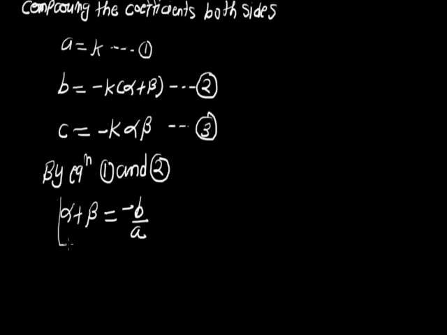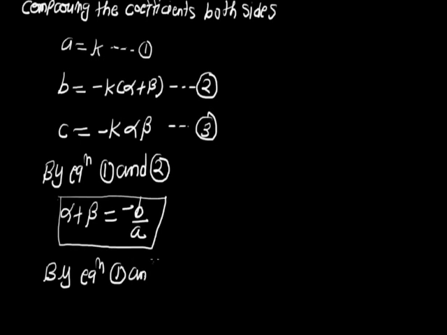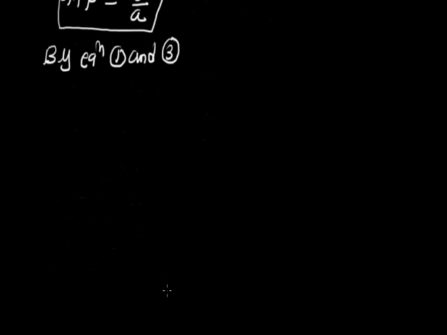Similarly, by equations 1 and 3, alpha into beta comes out to be c divided by a. That is the value of alpha into beta.